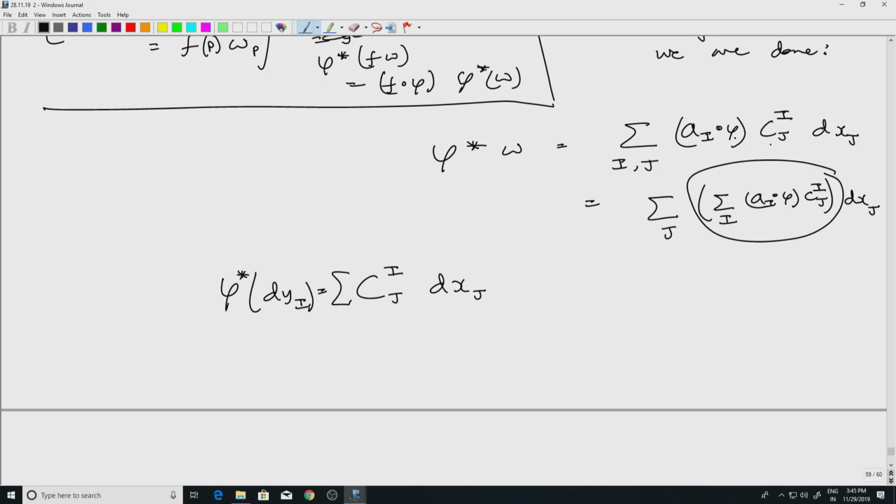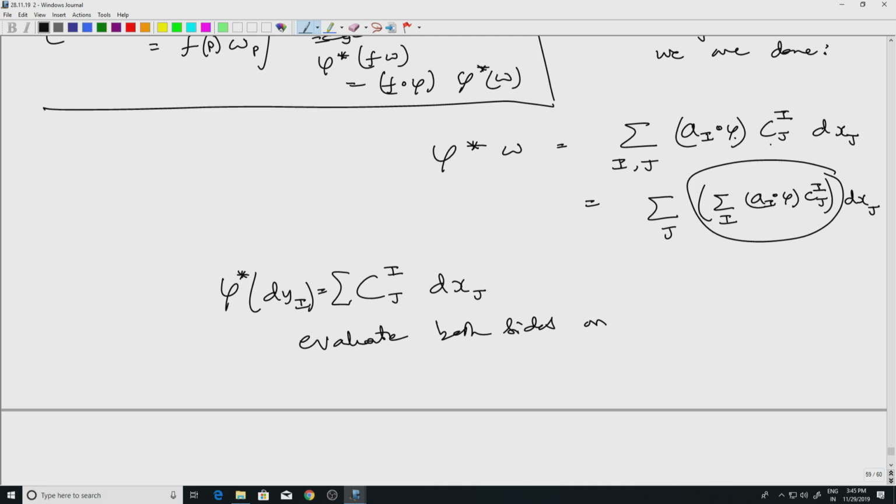Now, as we have been doing all along, in order to get hold of these functions, all we have to do is evaluate both sides on basis vectors. So I want to show all of the c_IJs are smooth.